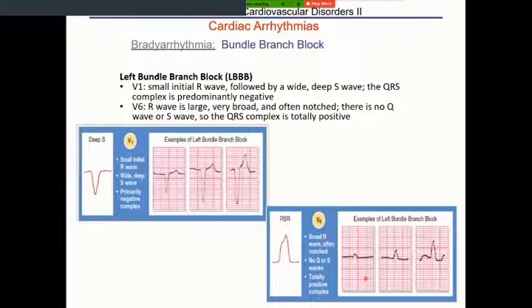With left bundle branch block, on the other hand, your V1 will show a small initial R wave followed by a wide deep S wave, and the QRS complex is predominantly negative, while your V6 R wave is large, very broad, often notched, and there is no Q wave or S wave. So the QRS complex is totally positive.